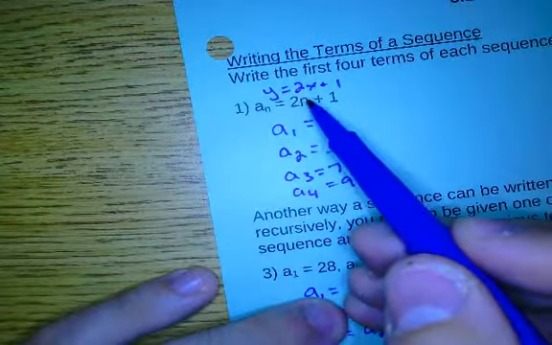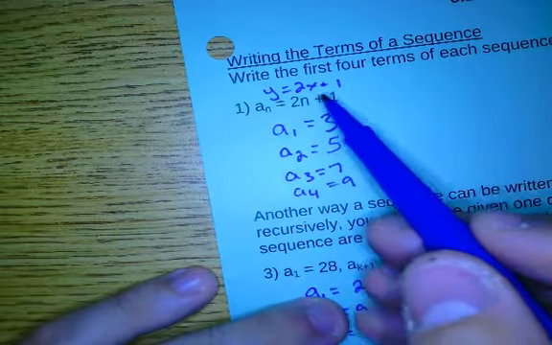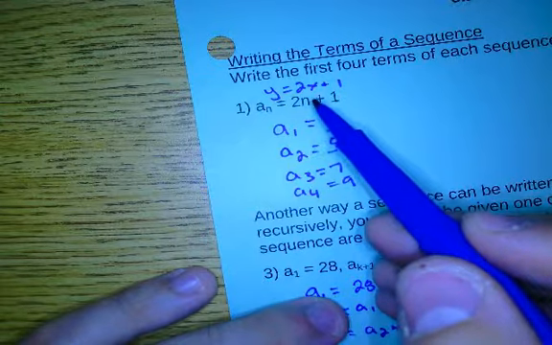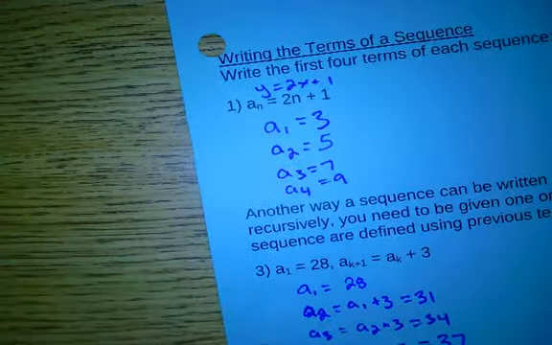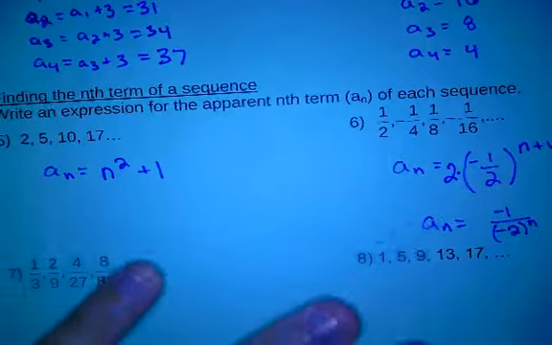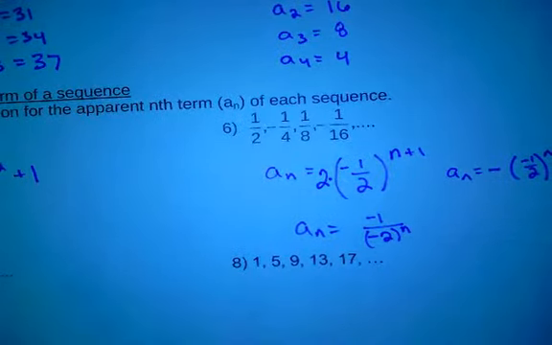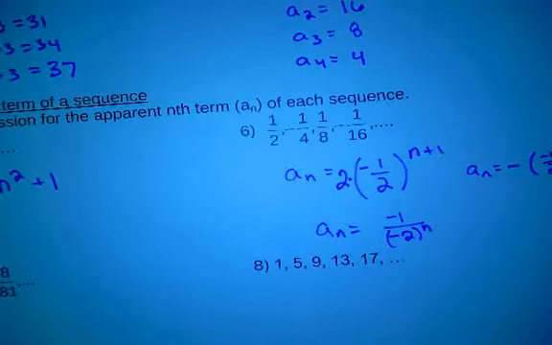Do you agree? That's a line, so it's linear. If you ever just multiply by the n, it becomes a linear series or sequence. This one is exponential, because it keeps multiplying every single time. So you need an exponential as your answer.